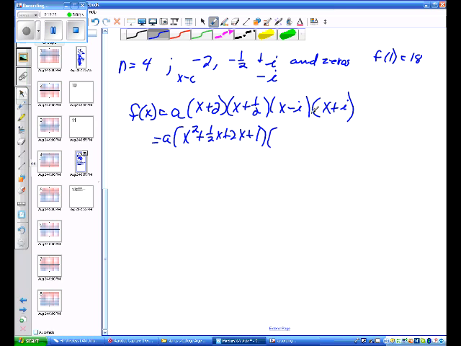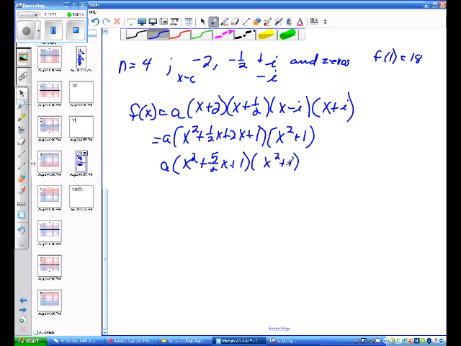These are conjugates, so it's going to be the first term squared, x squared, plus the coefficient of the i squared, so that's plus 1. Combining any like terms, we have x squared plus 1/2 x plus 2x, which would be 2.5x, or 5/2 x, plus 1, times x squared plus 1.